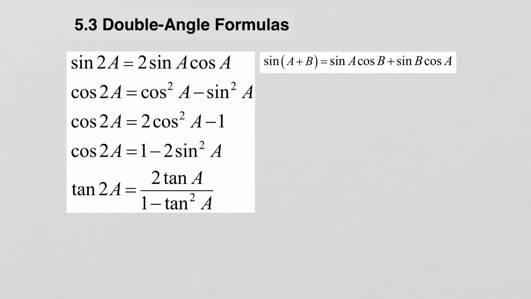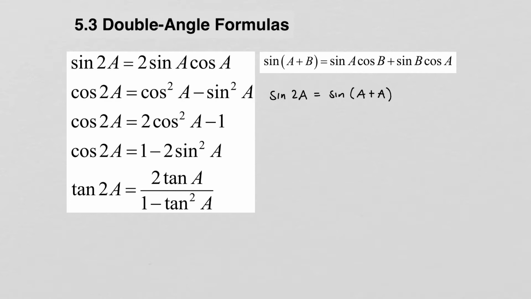So we know that the sine of A plus B is equal to the sine of A cosine of B plus the sine of B cosine of A. So the way we prove the first formula is just to realize that the sine of 2A is the same as the sine of A plus A, because A plus A is 2A.